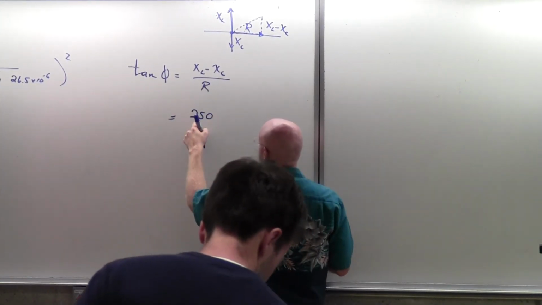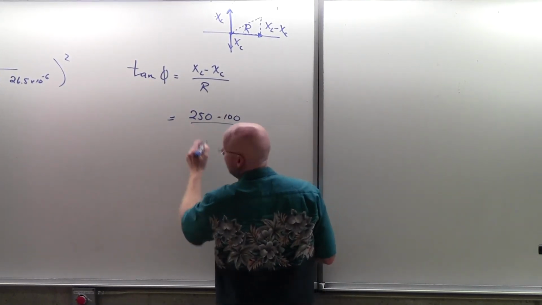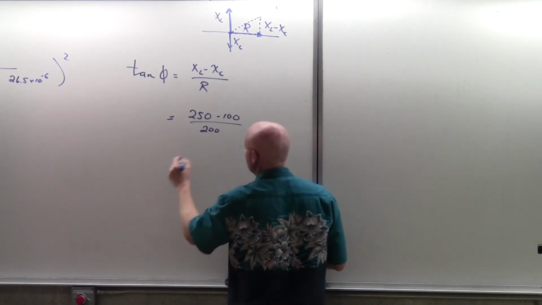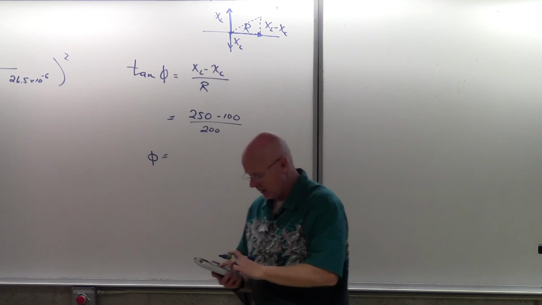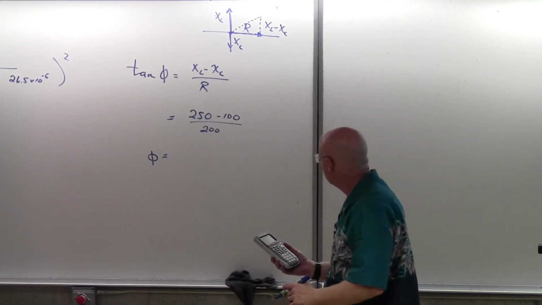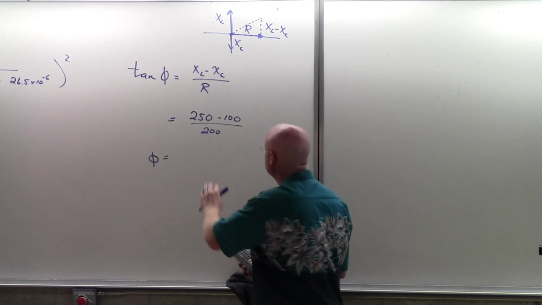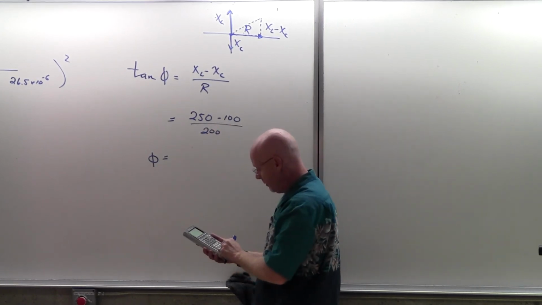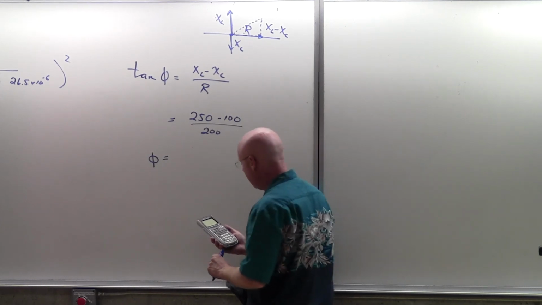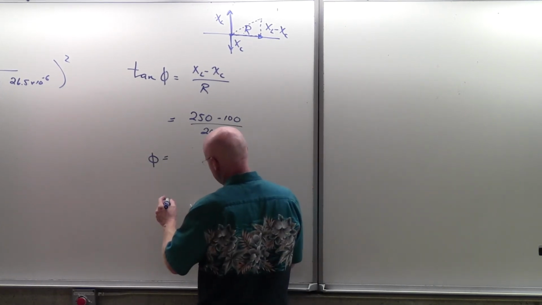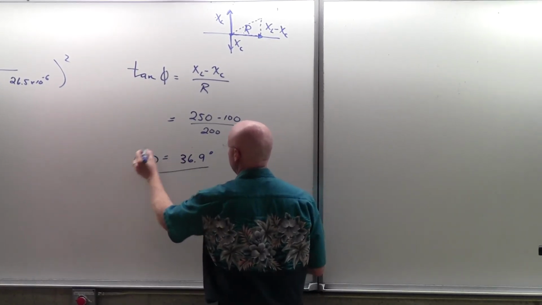And so I can put in my numbers. This is what we just said was 250. This was 100, and this is 200. To get the phase, I'll make sure I'm in degrees here. I have the inverse tangent of 150 over 200, and that's 36.9 degrees.